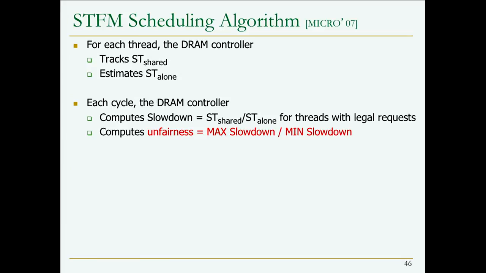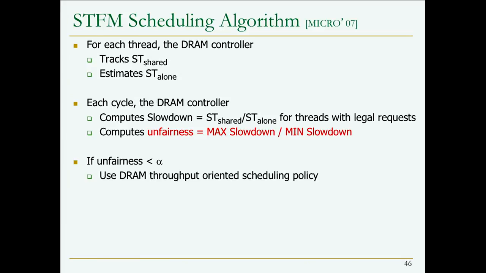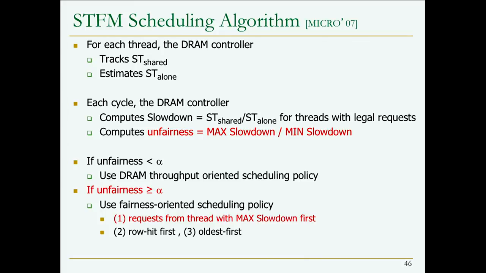And if this unfairness is acceptable, and someone needs to provide this unfairness threshold, if it's below some acceptable unfairness threshold, then you use the regular scheduling policy that optimizes for DRAM throughput. Everything is good. If this unfairness is not acceptable at the moment, then you switch to a fairness-oriented scheduling policy and you try to reduce the unfairness.